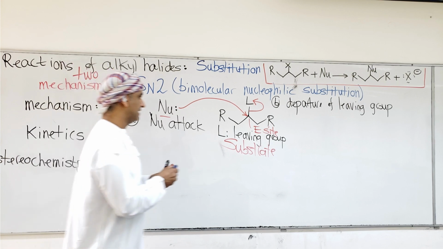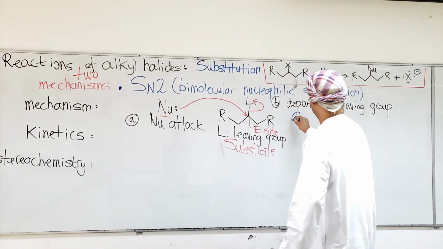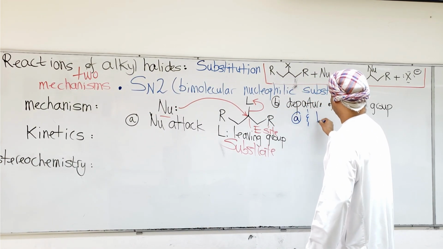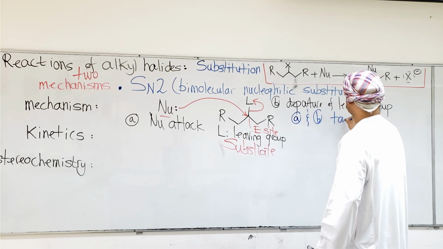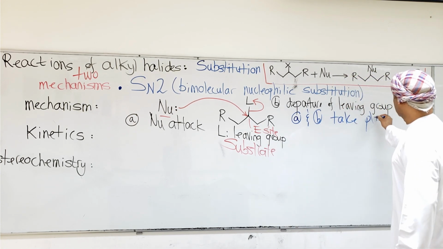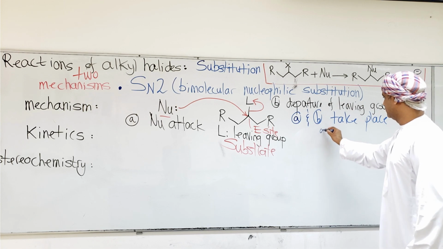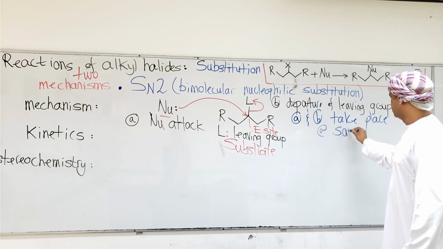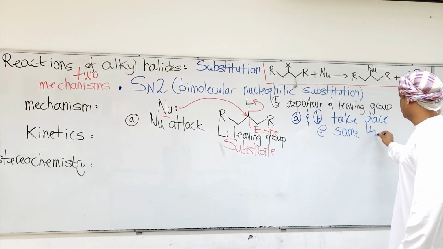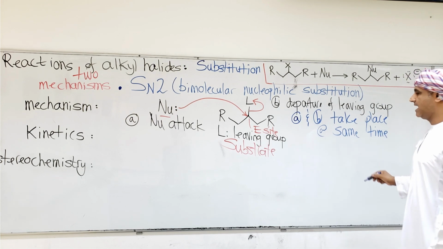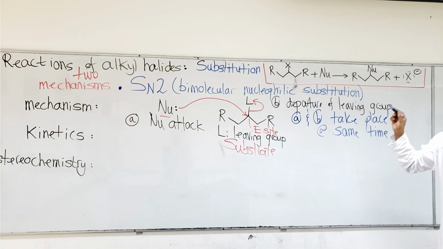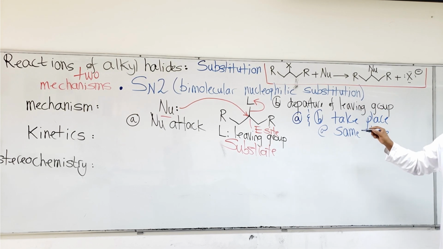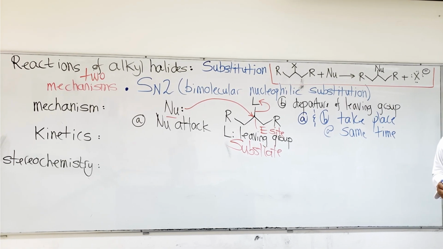So let's write that down, that A and B take place at the same time, simultaneously. The nucleophile attacks, the leaving group leaves. If that's the case, it is SN2.